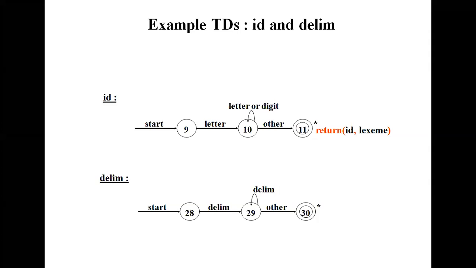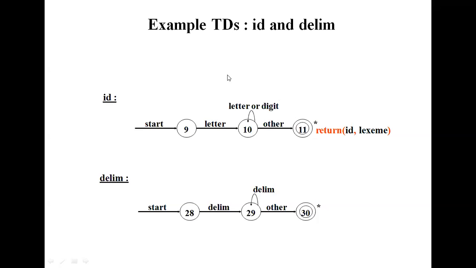And you all know how to represent an identifier. For the characters, we are naming the token in the form of an identifier. What it means, letter is a character. Sometimes you can take the digit also as a character. So here we have the alphabets like letter or digit. Here for the delims, we have the alphabet delim. Delim is only a single alphabet that we are using to represent a transition diagram.